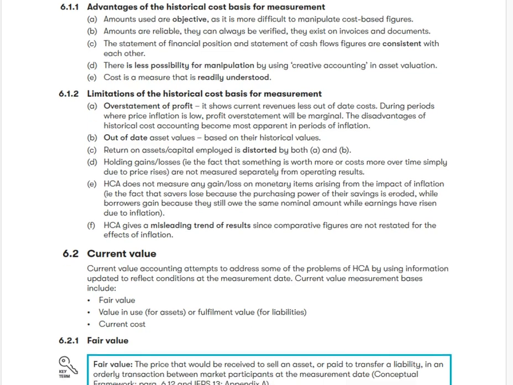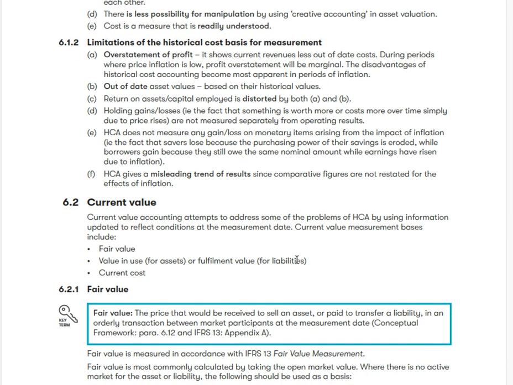Current value measurement basis includes 3 types. One is the fair value, that is the market value at the present. Value in use for assets or fulfillment value for liabilities.